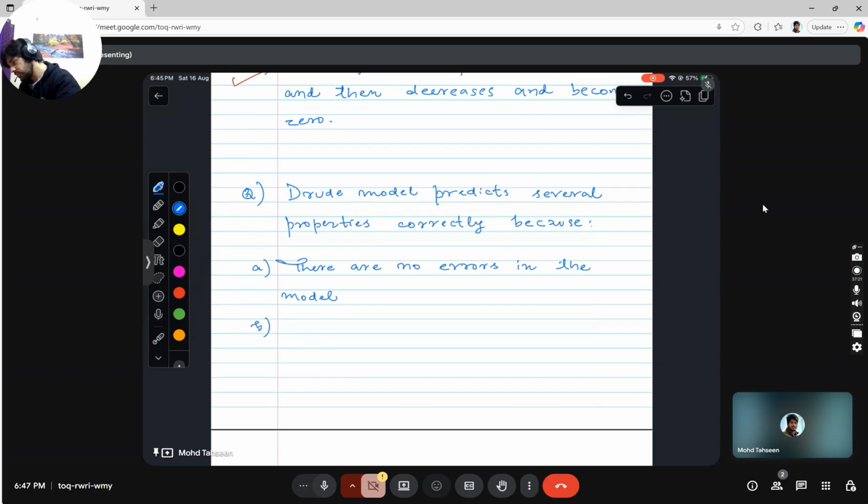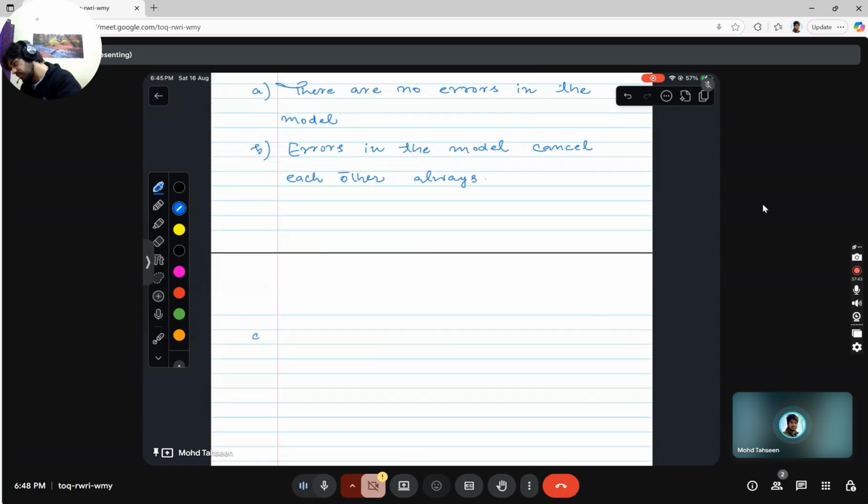B, errors in the model cancel each other always. Option C, errors in the model cancel each other sometimes.